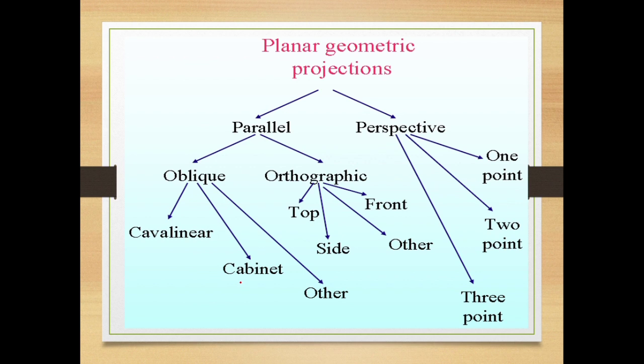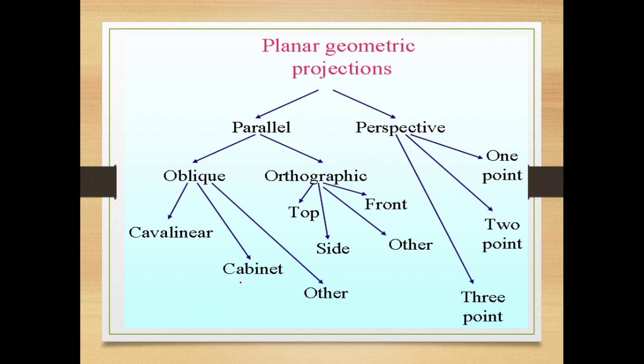And finally, the planar geometric projections. Once you choose any one of the 3D objects, whether you view it by parallel projections or perspective projections, they provide some projection areas. Parallel projections provide oblique as well as orthographic projections.